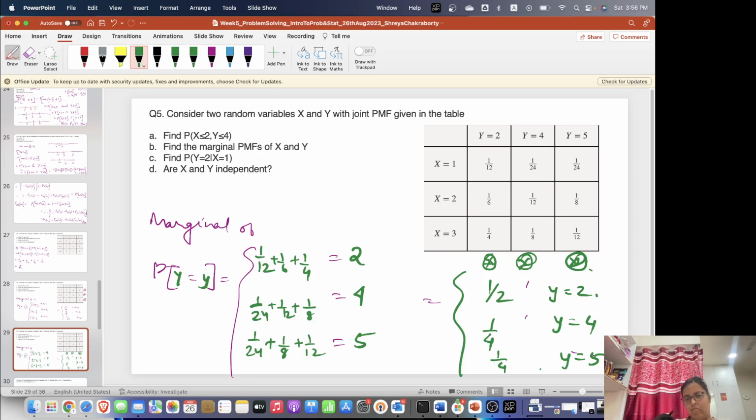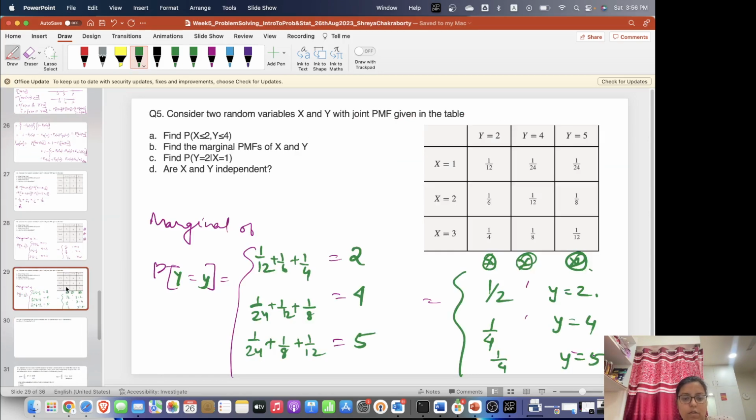Oh, this is 24, 1 plus 2 plus 3, 6 by 24, that is 1 by 4. Alright, fine. Now we have the marginals.